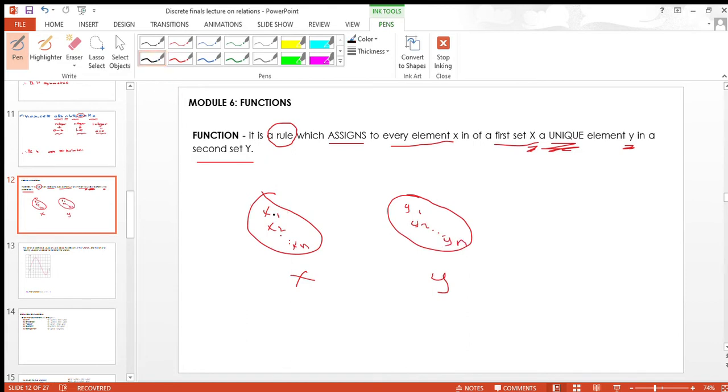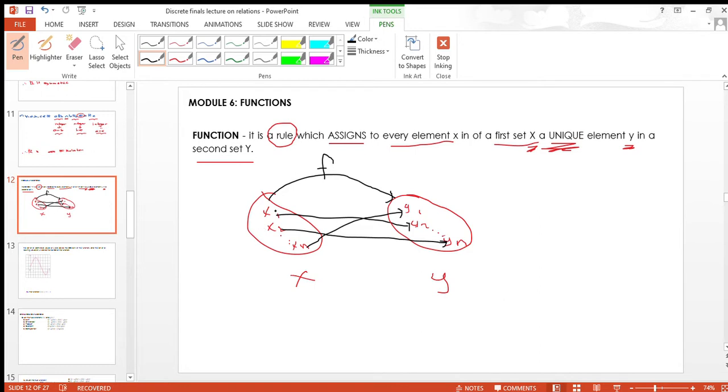If x1 is paired to y2, x2 is paired to yn, and xn is paired to y1, we can now call this the rule existing between set x and set y. And we can call that rule f.